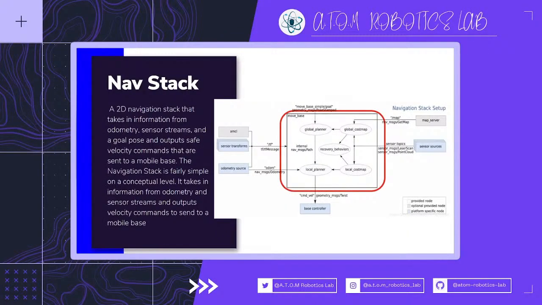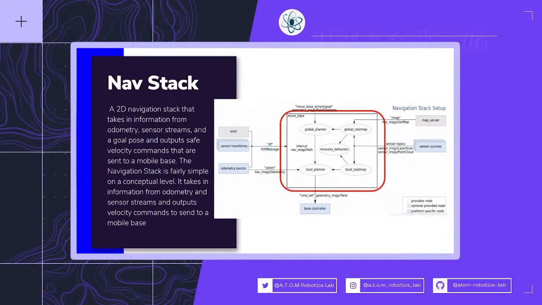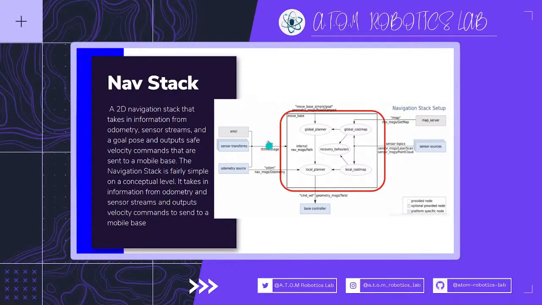So this is the navigation stack we are talking about. It consists of all the basic parts and shows how they communicate with each other. You can see AMCL, and TF, which we also get from CAD.